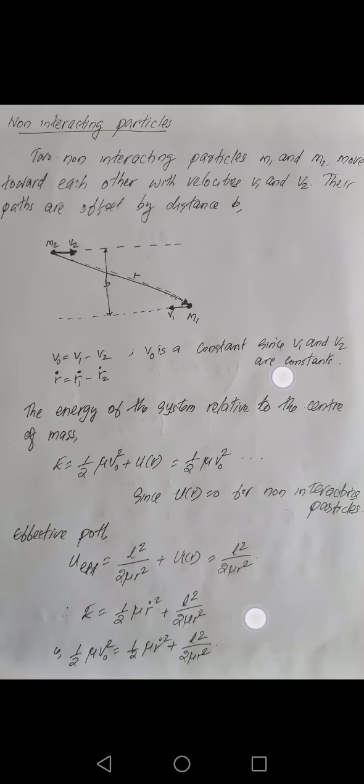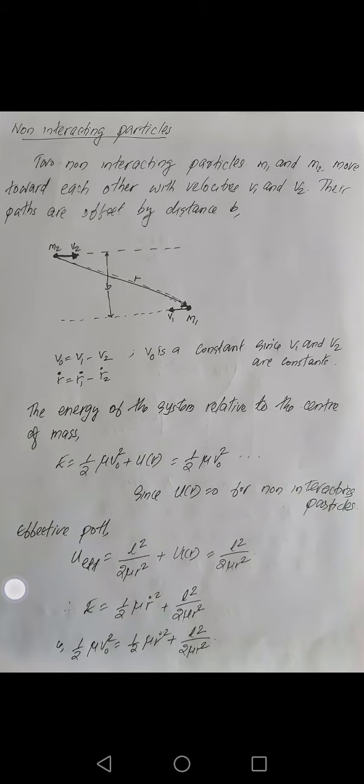One other notion is using the effective potential. U effective is L square by 2 mu r square plus U of r, that is equal to L square by 2 mu r square. Again U of r is 0. Therefore E is equal to half mu r dot square plus L square by 2 mu r square.